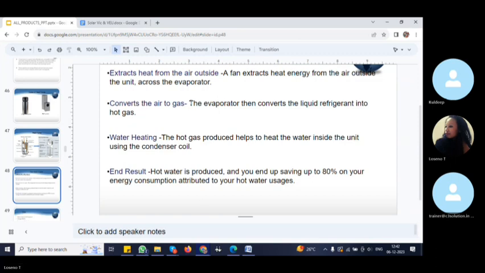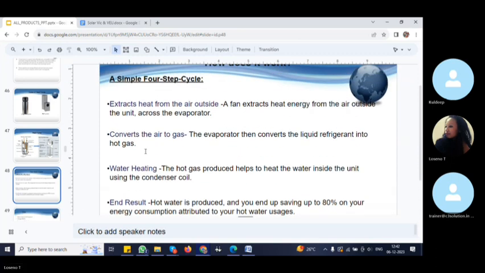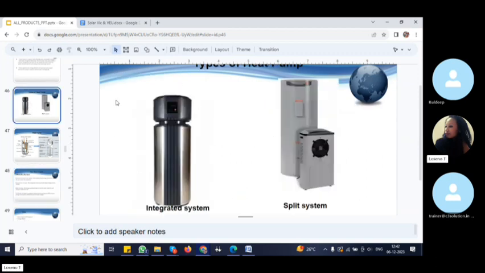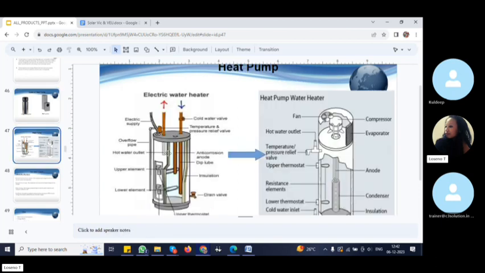So what happens is, once the exhaust fan starts running, it extracts the heat energy from the air surrounding this unit. Let's say this is the space where the heat pump is installed. Whatever air is around the heat pump, the exhaust fan will extract that surrounding air.